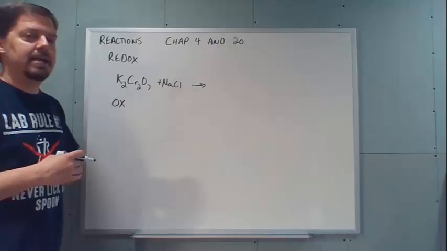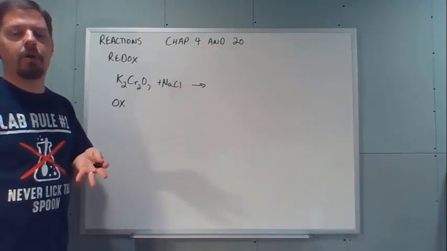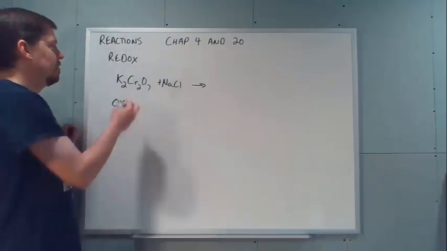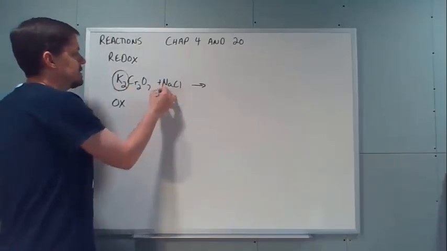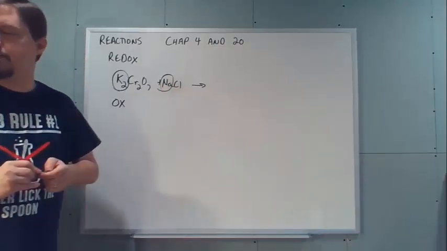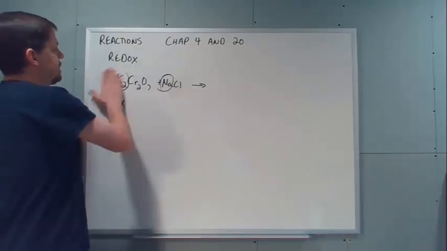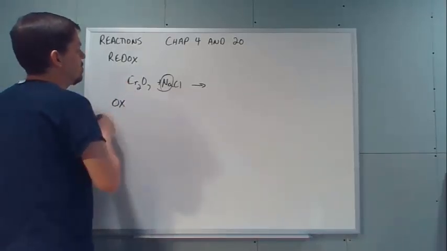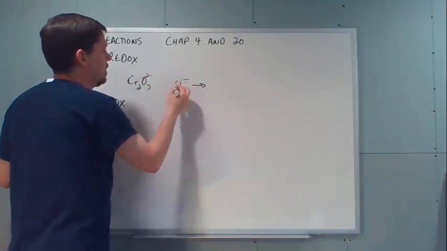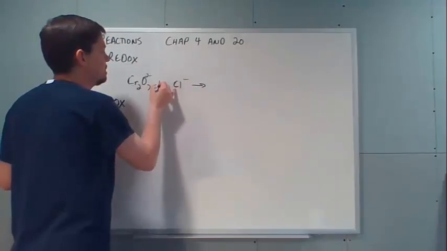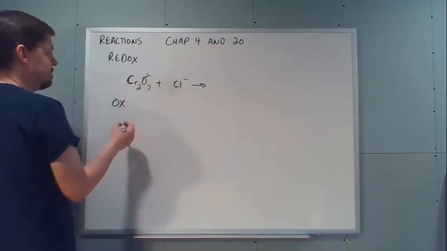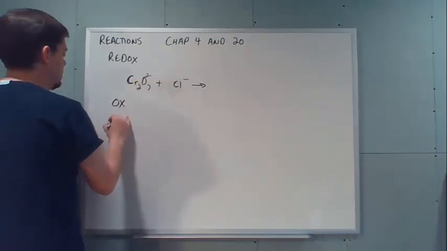And so the things that are always going to be soluble in water and therefore will never get involved in oxidation reduction reactions are your alkali metals. So a lot of times they don't even bother writing those things. They just take them out right away and say, okay, you have dichromate ions with chloride ions. Okay, so we got rid of the potassium and the sodium because we know those are going to be spectators.